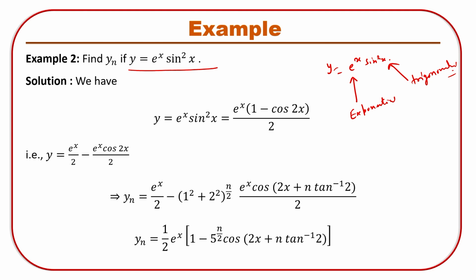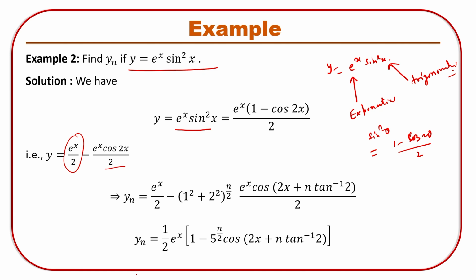So, y = e^x sin²x can be written using sin²θ = (1 − cos 2θ)/2, right. So, use this formula. This comes out to be e^x/2 minus e^x cos 2x/2.